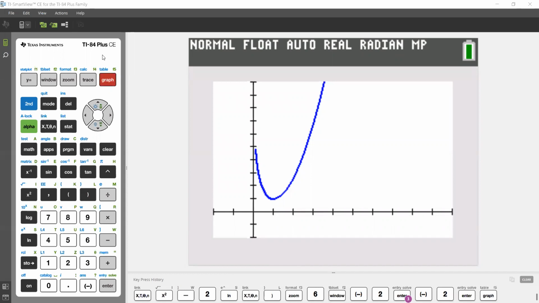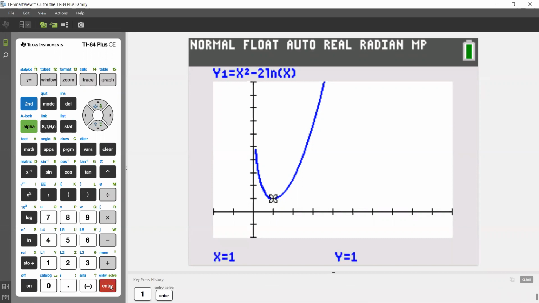Actually, before I do that, let's trace over to where x is 1, and you can see that point on the graph.